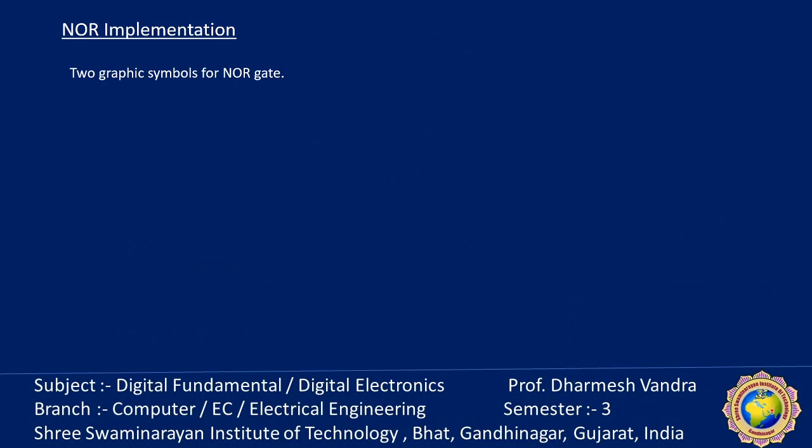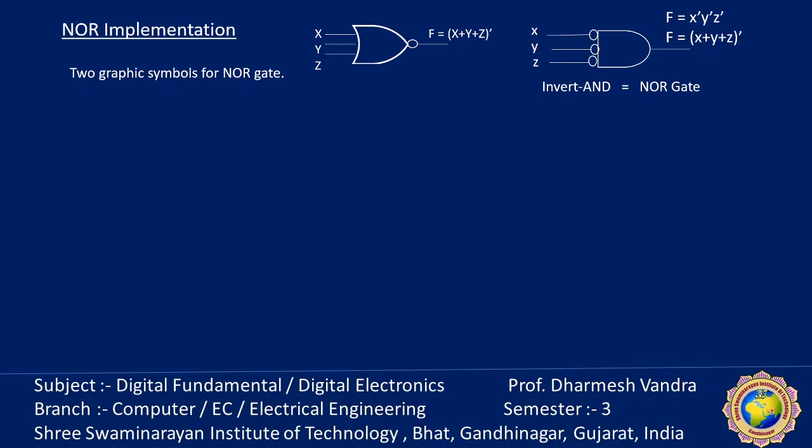Now, for a NOR gate, the output is (x plus y plus z) whole complemented. If this is replaced, it is invert-AND. First the variables x, y and z are inverted, so they become x', y', z', and the AND gate gives f equal to x' y' z'.